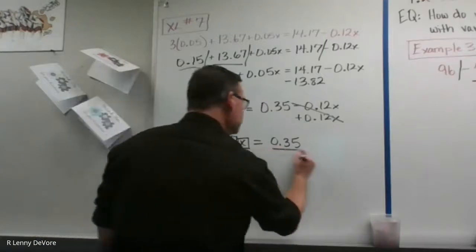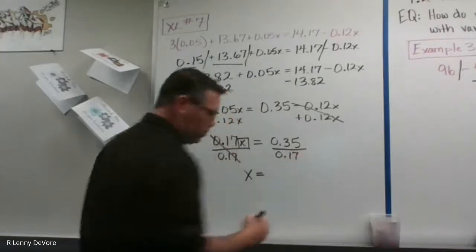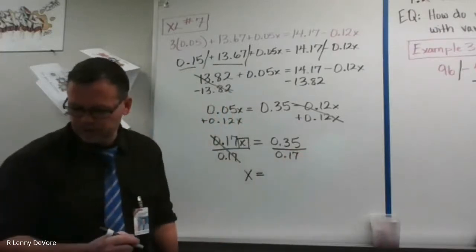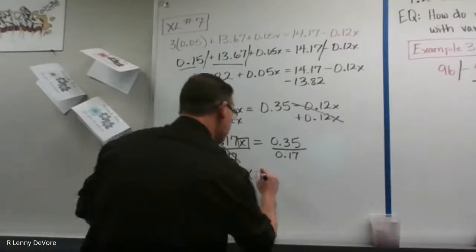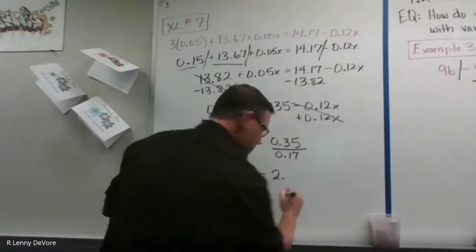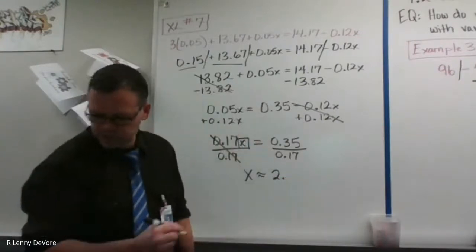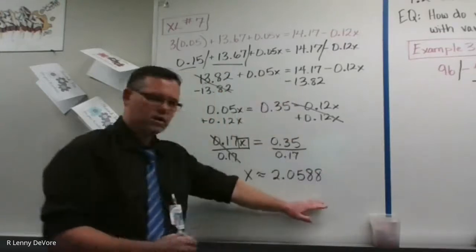But I have to divide this by 0 and 1700ths also, and we find out that we get approximately 2.0588. Now, this isn't my final answer.